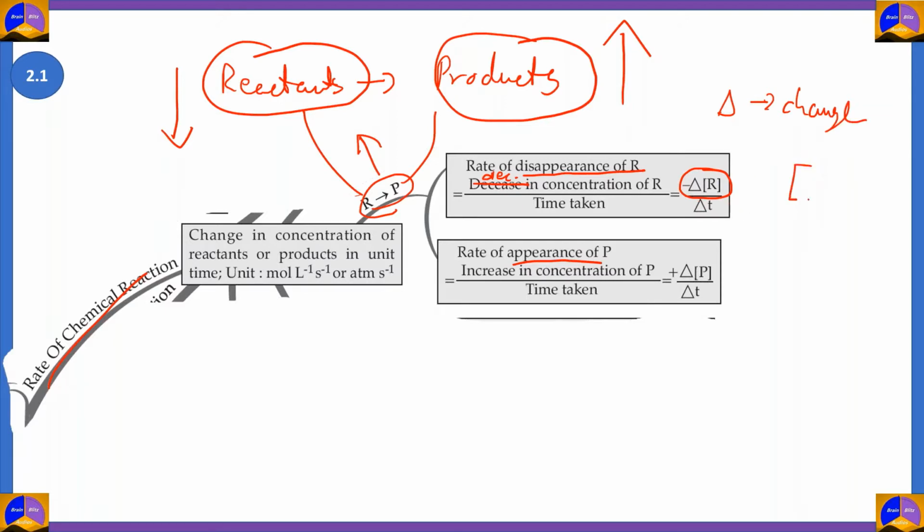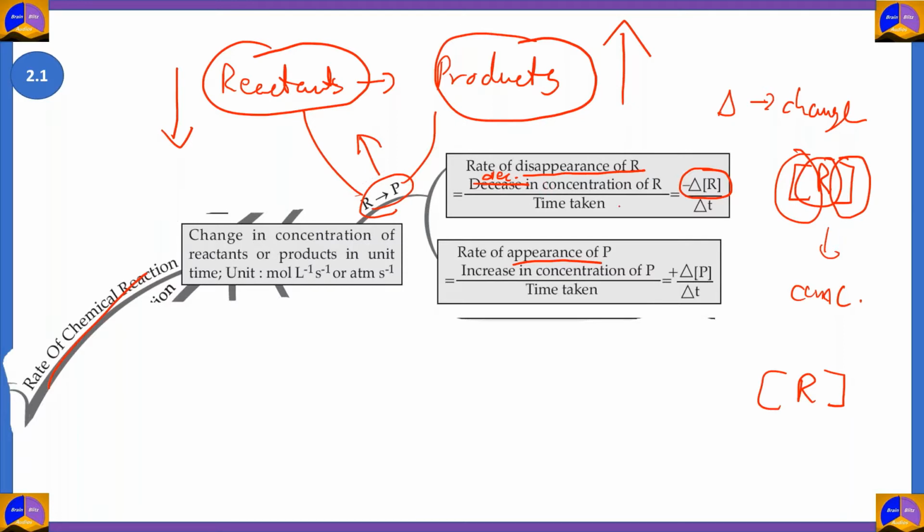Now, if you notice, both R and P are written in square brackets. The square brackets represent concentration of whatever quantity is present in between them. So in this case, it's the reactants. So concentration of the reactants is represented as R present in a square bracket.